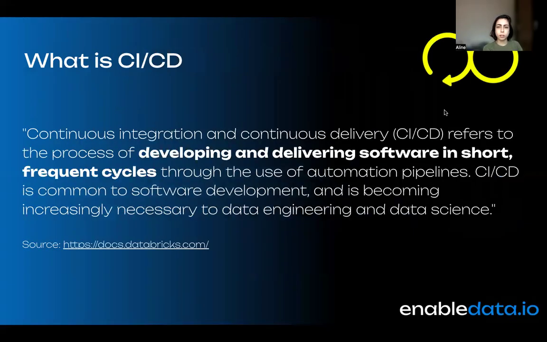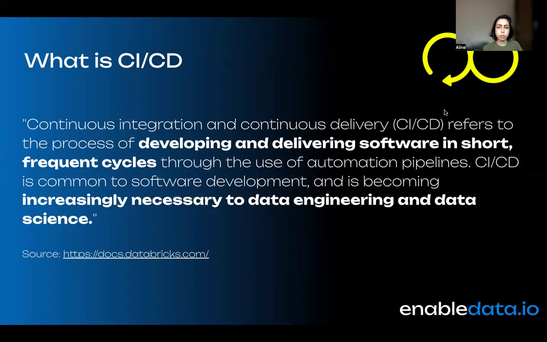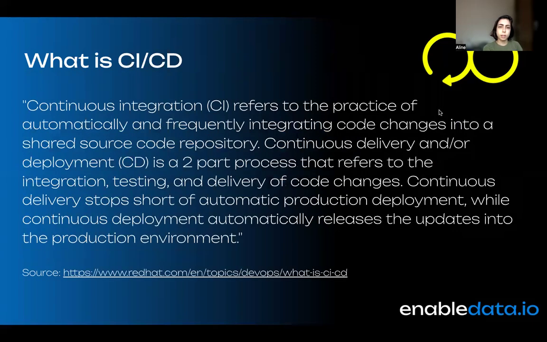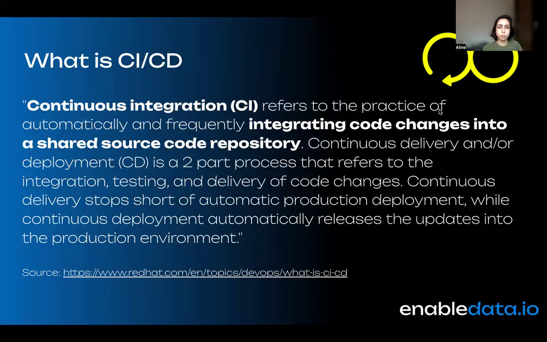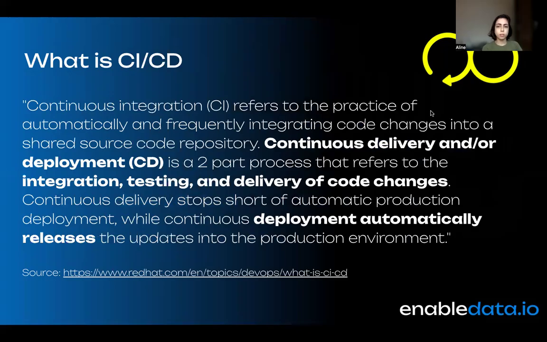CI/CD is developing and delivering software in short, frequent cycles, and it's being increasingly necessary to data engineering and data science, according to Databricks. The concept of continuous integration is integrating code changes into a shared source code repository, so many people can change code in this repository. Continuous delivery refers to the integration, testing the code, and then delivering these code changes.